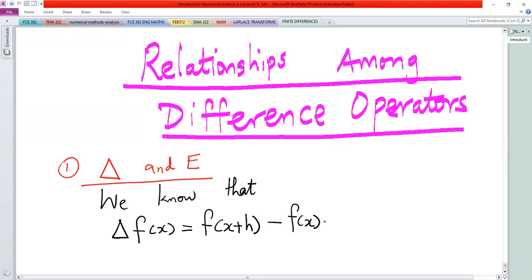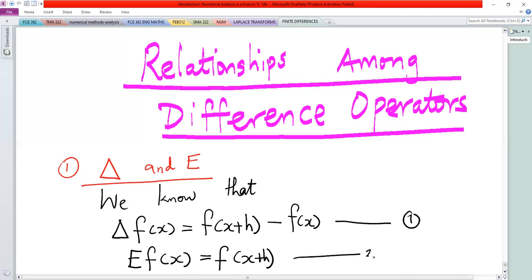This is by definition. And the shift operator of the function f of x is the same as f of x plus h. So I'll call this one equation 1, and I call this one equation 2. Both 1 and 2 are from definition.